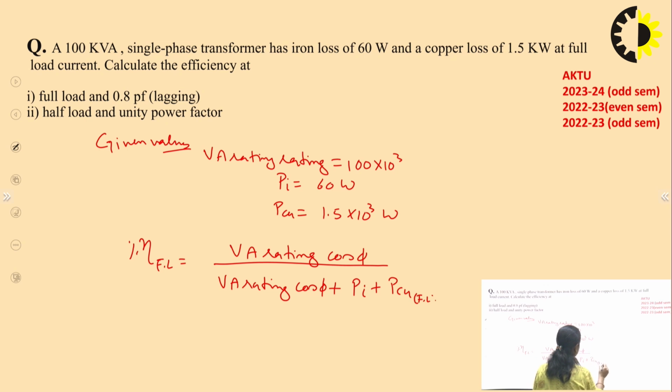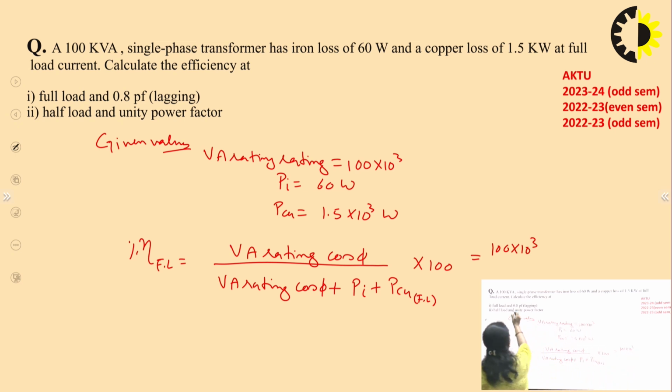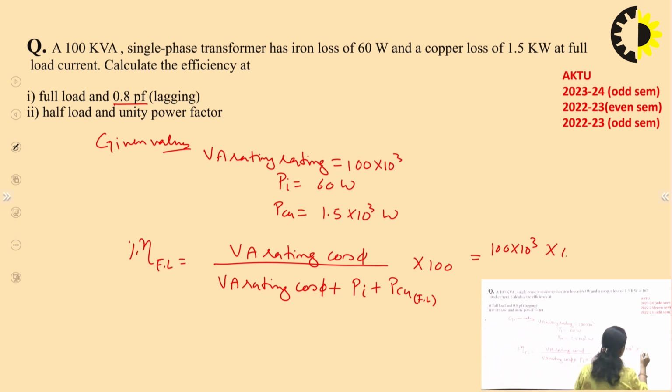This copper loss will be at full load, into 100. VA rating is given, equal to 100 into 10 power 3. The power factor is given as 0.8. So it will be 100 into 10 power 3 into 0.8, plus iron loss.